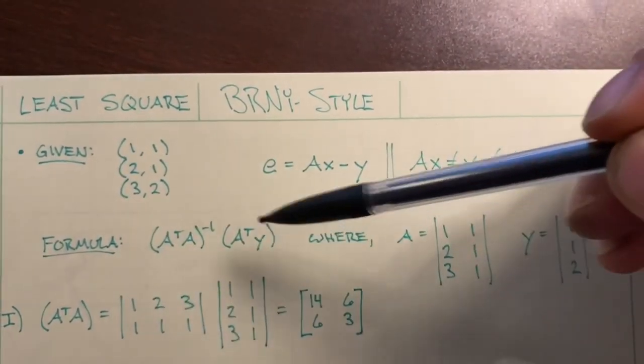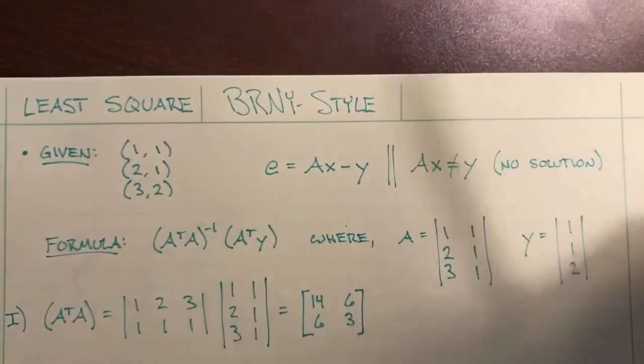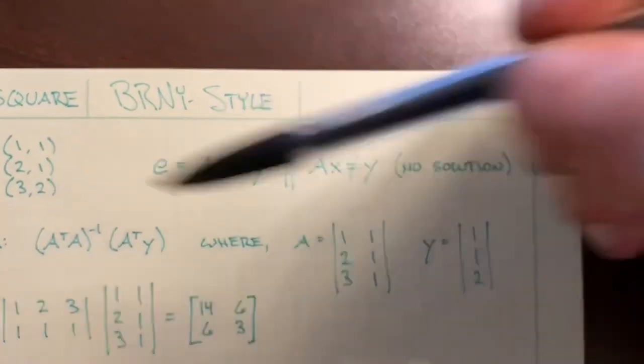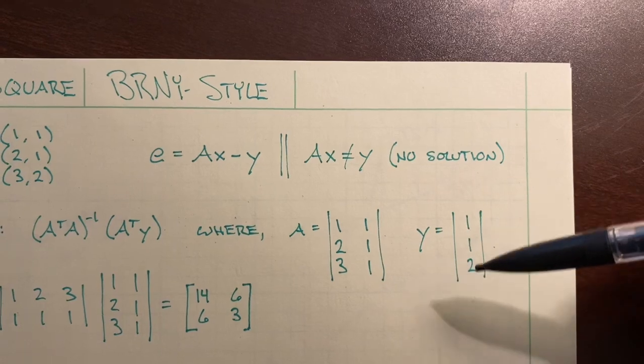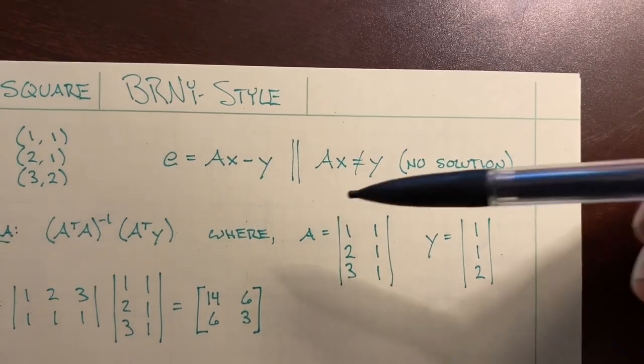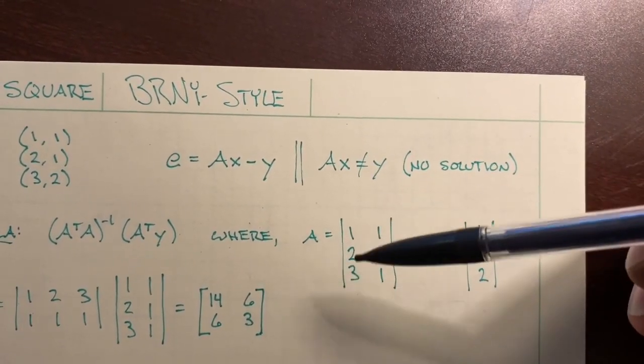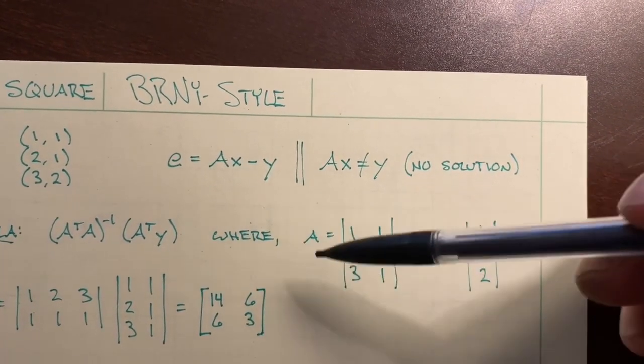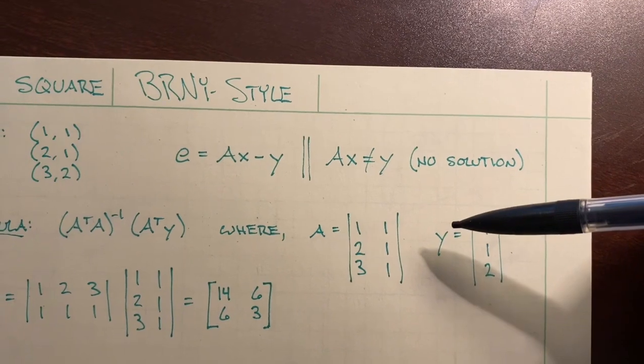In our formula, we need an A matrix and a Y matrix. So we're going to right away call our Y values 1, 1, 2. That's going to be our Y. And we're going to put our X values 1, 2, 3 beside a column of ones. So now we have our A matrix and our Y matrix.